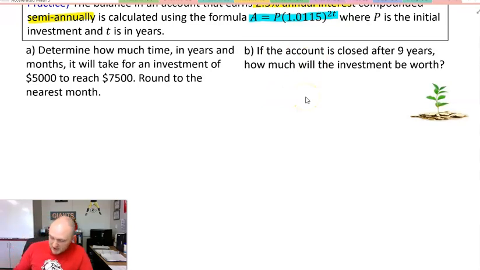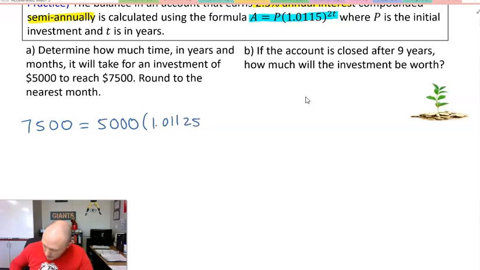Well, I'm just going to set that up similar to what we just did. 7,500 is equal to 5,000 times 1.0115 to the power of 2t. If you divide by 5,000, that gives you 3 over 2 equals 1.0115 to the power of 2t.